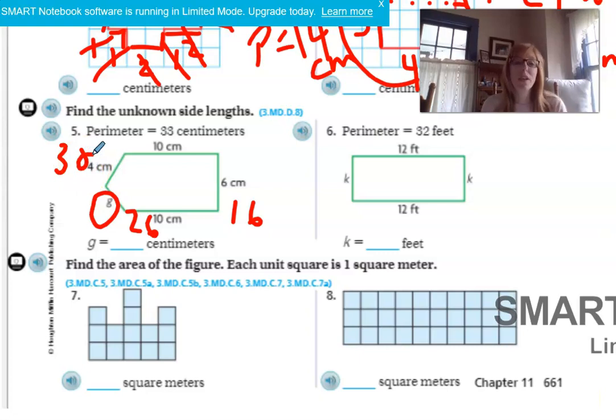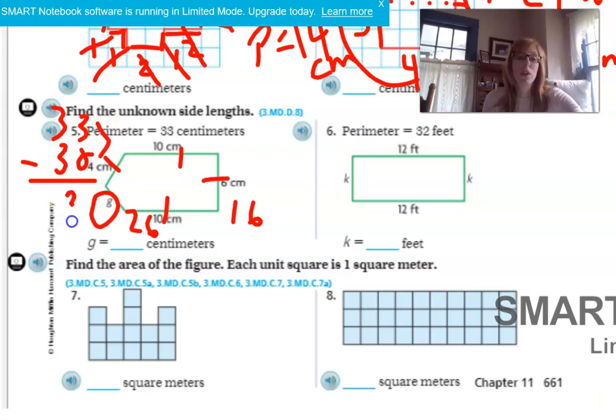Okay, but we know that the perimeter for this shape is 33. Well, when we add up 4, 10, 6, and 10, we get 30 centimeters. So we want to find this side G. So what we do is we take 33 and we subtract the 30, because those are the known sides, with the unknown side included in there, and we know that the unknown side then would be 3.